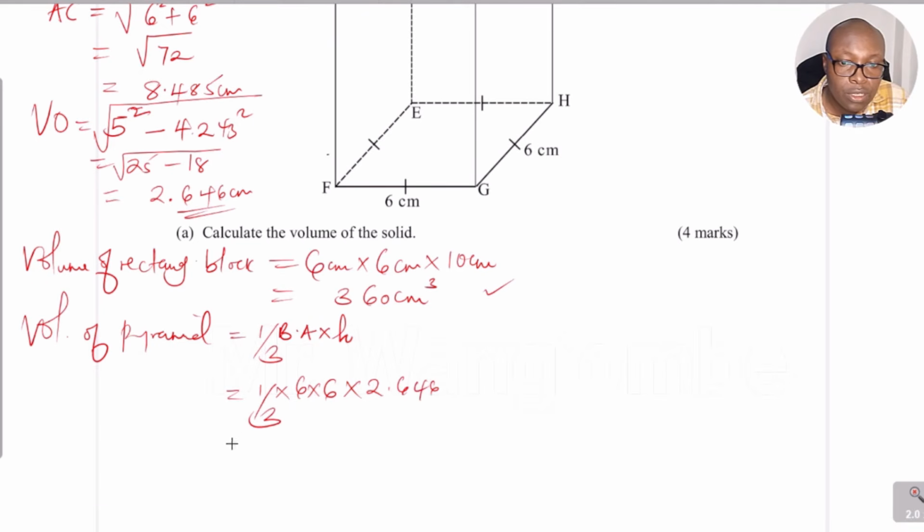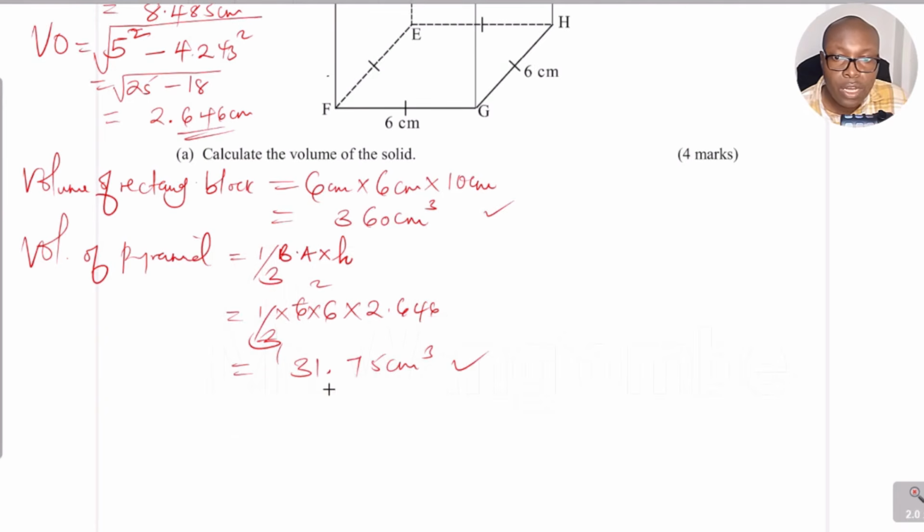So it is 1 over 3 times 6 times 6 times 2.646. When you multiply these, we get 12 multiplied by 2.646. So this gives 31.75 centimeters cubed. So that is all about the pyramid.